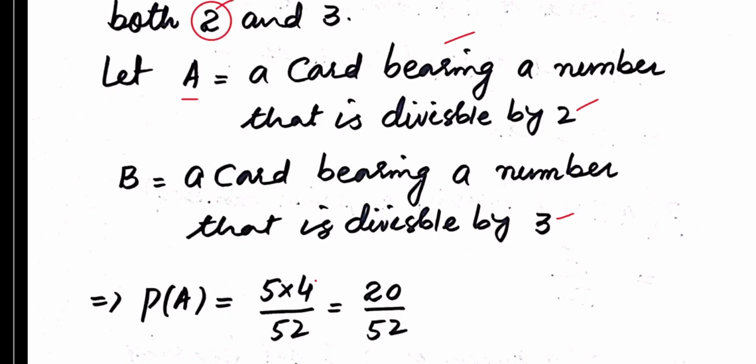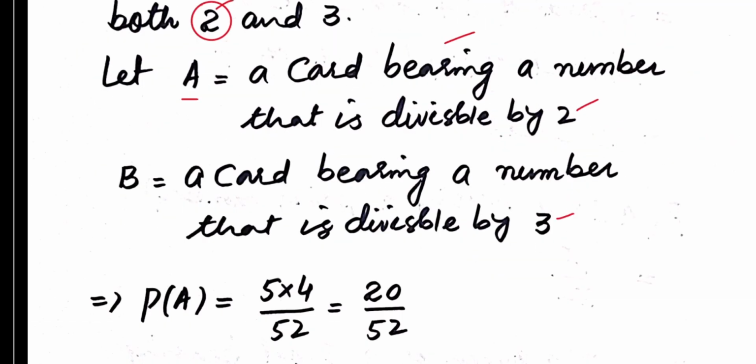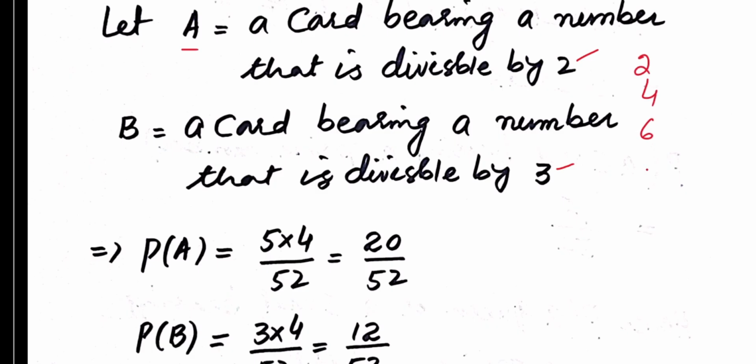The numbers divisible by 2 in playing cards are 2, 4, 6, 8, 10.